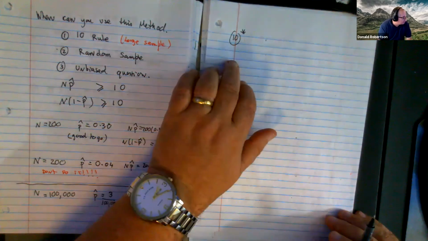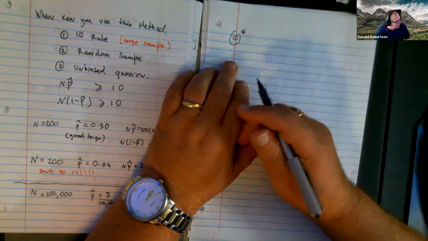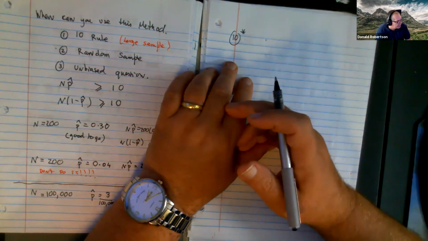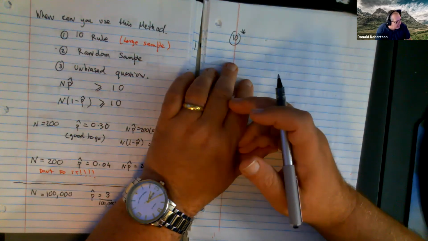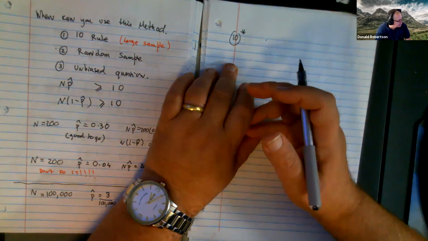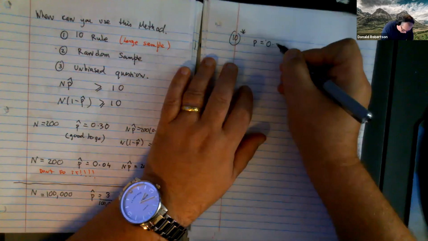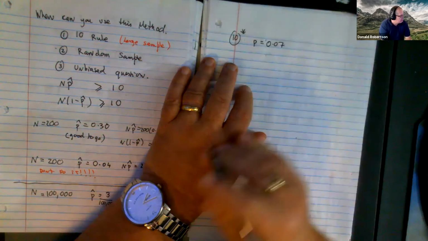So in question 10, an automobile club comes to the aid of stranded motorists who are members. Yeah, I'm a member of one of those. Over the long run, about 7% of their members utilize the service. So you're basically in the story told me that P is 7%, right?